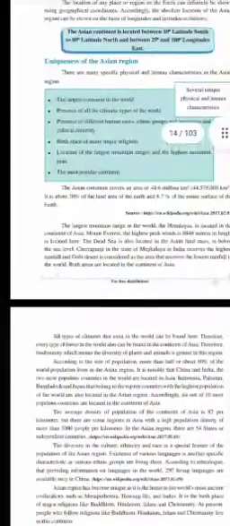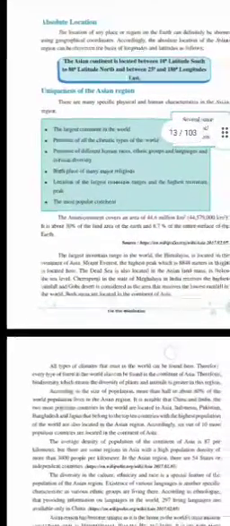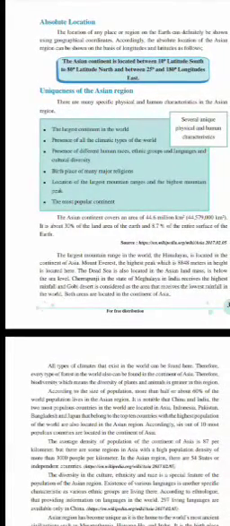And we can talk about next the location of the largest mountain ranges and highest peaks. So you know that the largest continent in the world, presence of all climatic types of the world, location of the largest mountain ranges and highest peaks are categorized under physical features.